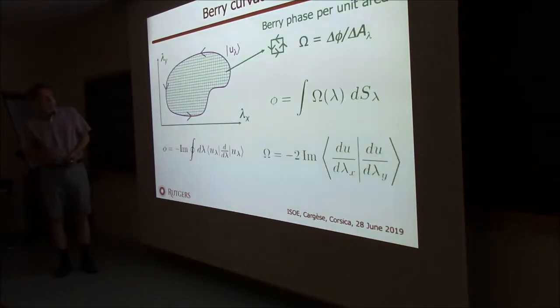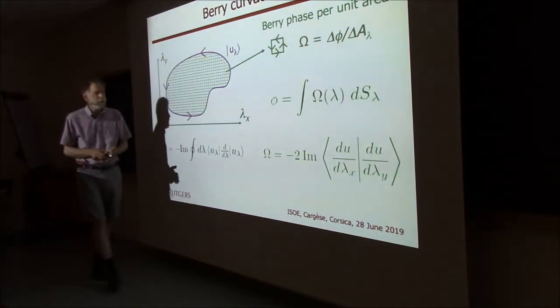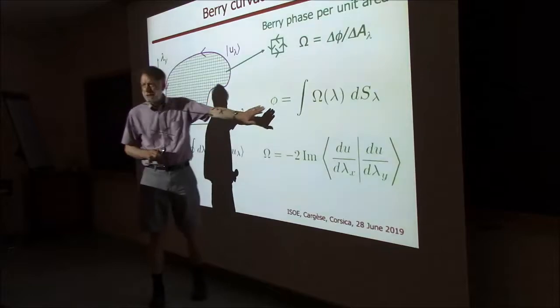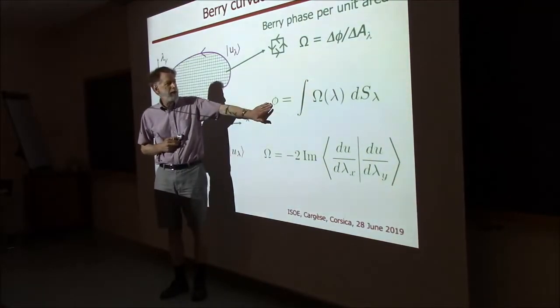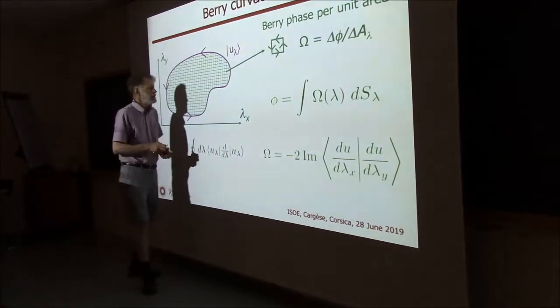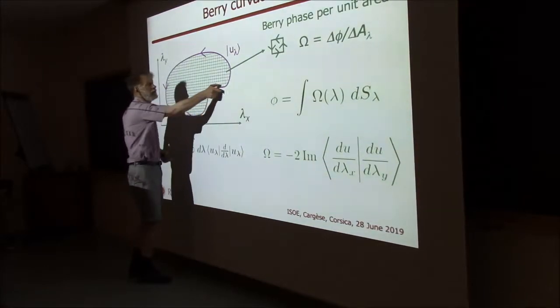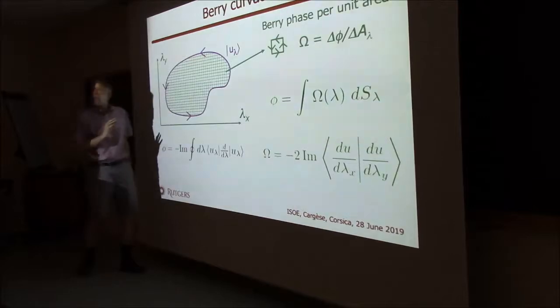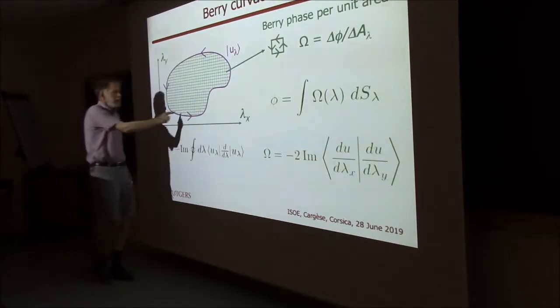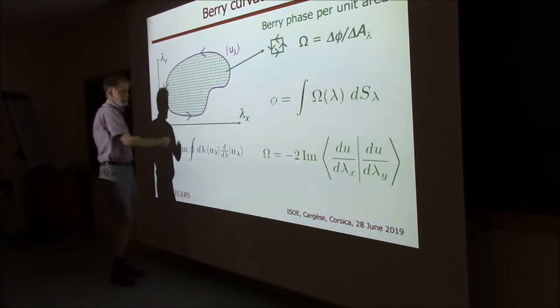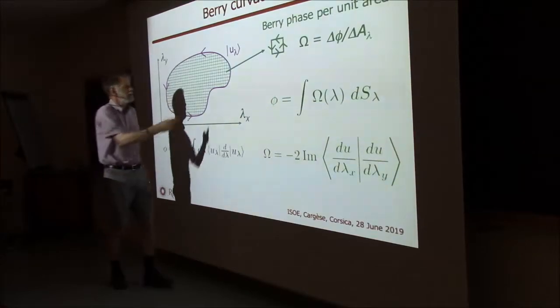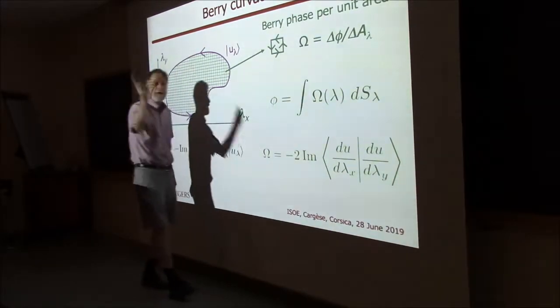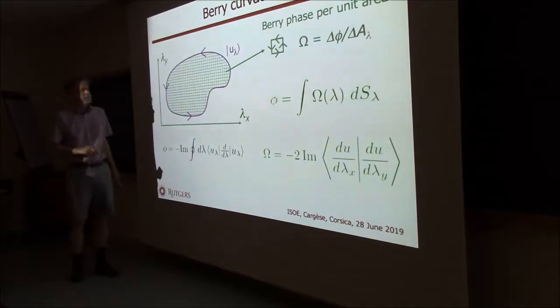Maybe I should have said already that it's going to be important that the Berry phase is really only well-defined modulo 2 pi. If you know what the wave functions look like on the loop, but you have no knowledge about what's inside, you can calculate the Berry phase using this formula, but it only tells you the result as a phase angle modulo 2 pi.